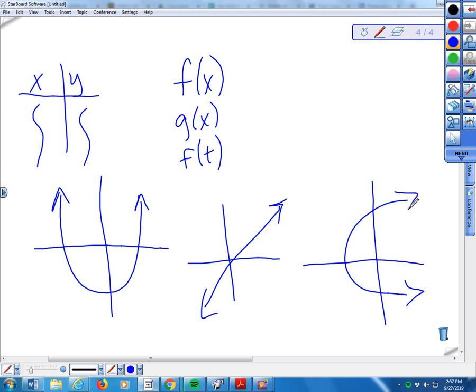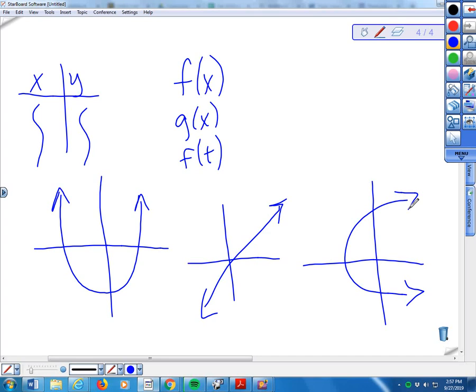Visually, a function has to pass a vertical line test. A vertical line test just means if I were pretending, here's my vertical line, and I go through anywhere along this graph, if this line only goes through the graph one time, it passes the test.